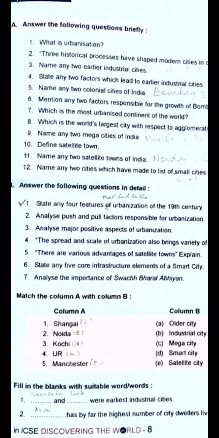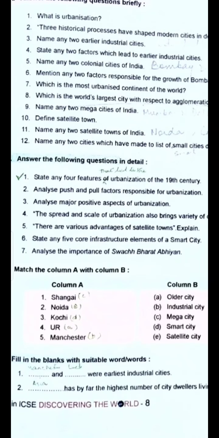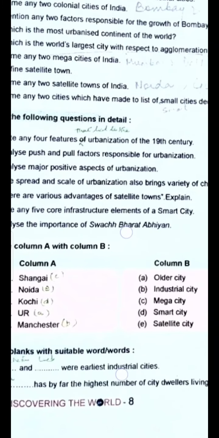Okay. Now next we come to match the following. The first one is Shanghai, and for Shanghai we know it is a mega city. So the first one will be C, Shanghai, mega city.